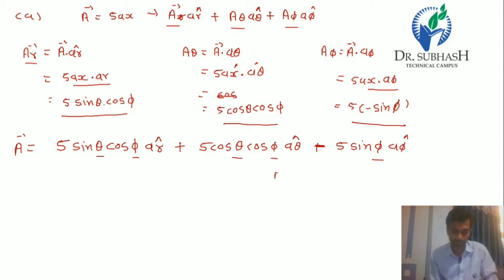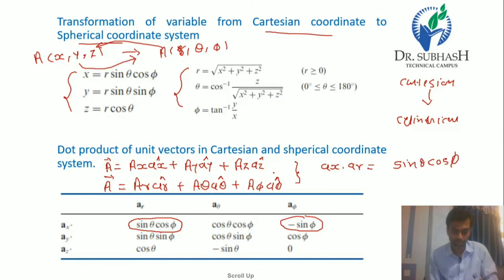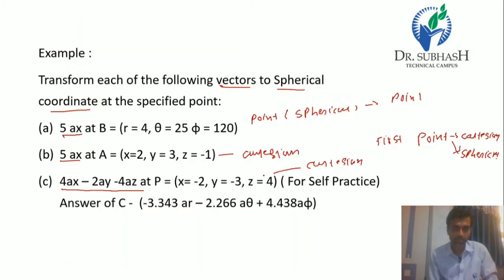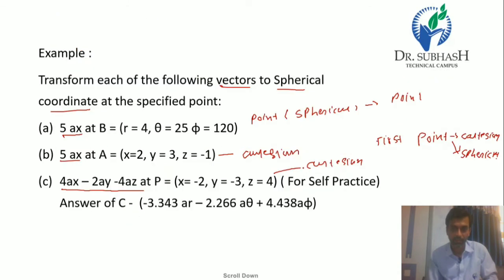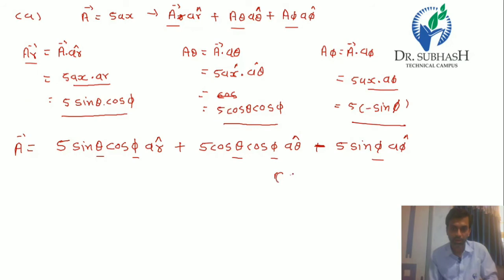r is equal to 4, theta is equal to 25, and phi is equal to 120, means theta is 25 and phi is 120 degree. Let's put this value.